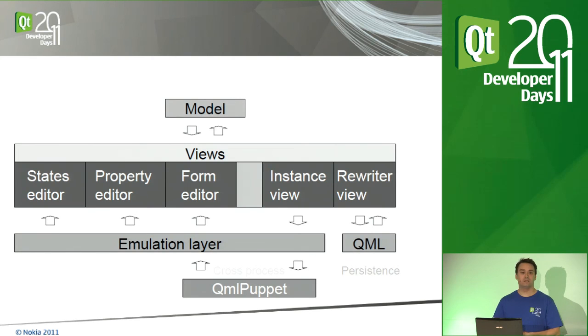Any more questions? Okay, then since there are probably also lots of developers here, and this is called developer days and not designer days, I also want to get a little into the architecture of the whole thing, just to give a rough overview. The core element of the designer is something we call the model, which is basically like a DOM, which represents the QML text code in a nice abstract syntactic form.